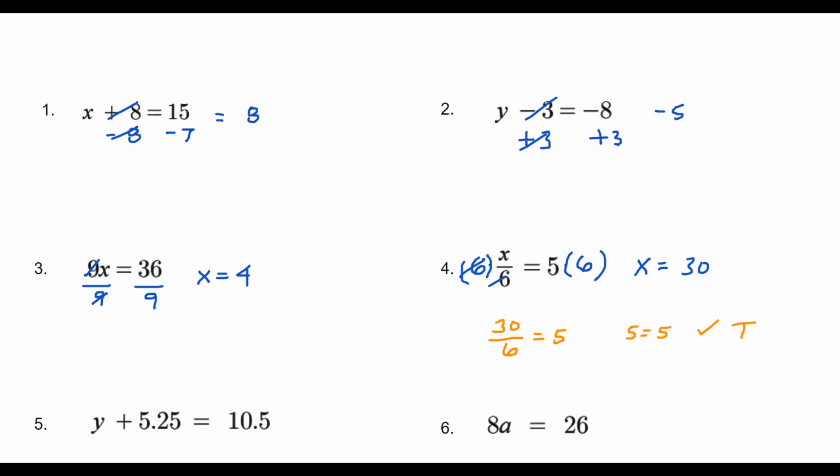X equals 30. Now, I included some decimals here because this works with decimals equally well. You'll probably need to use your calculator when there's decimals involved. But we're going to do the same thing. We're adding 5.25 to y. So let's subtract 5.25 from both sides.